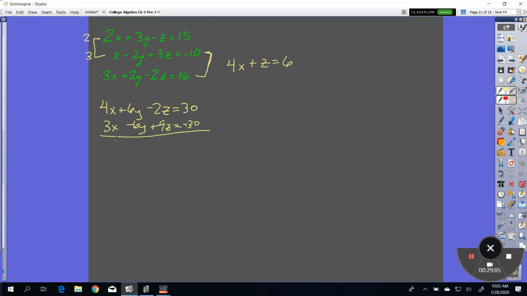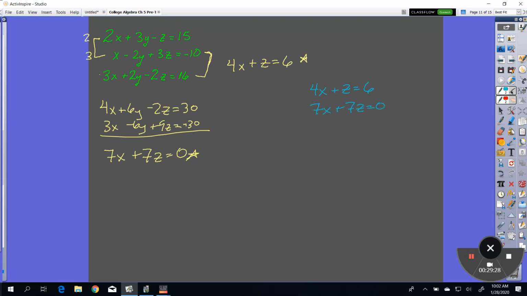That's an interesting idea. So I get 7x plus 7z equals 0. So now I can take these two equations and work with those. And since they're both missing y, I can work with them now and just solve like you've been doing the other problems.